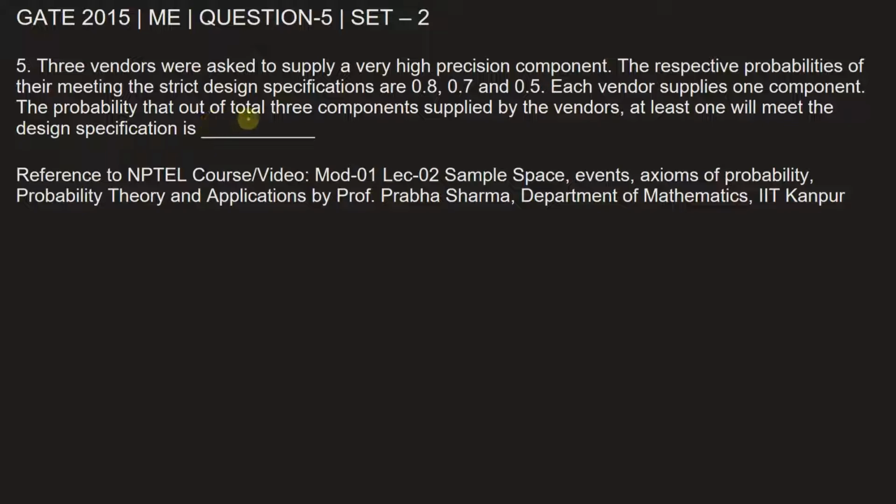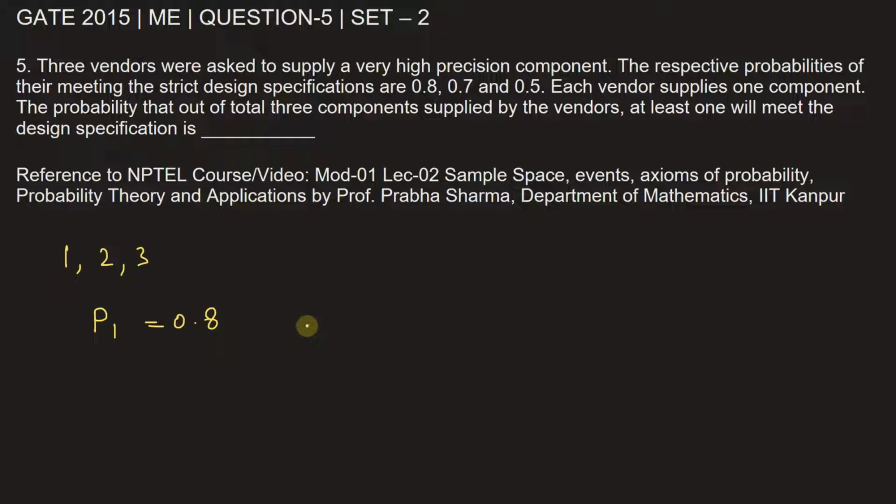is. Now let's say the probability of meeting the design specification by the vendor 1. So 3 vendors are there, total 1, 2 and 3. So for the first vendor, let's say the probability P1 of meeting the design specification that is asked in the problem is 0.8, it's given.